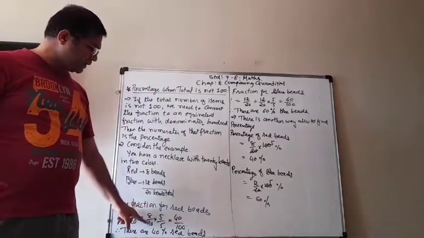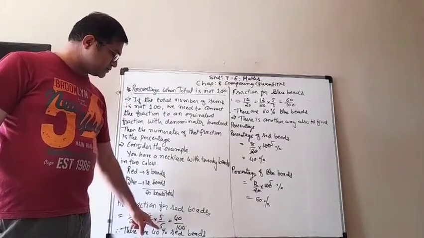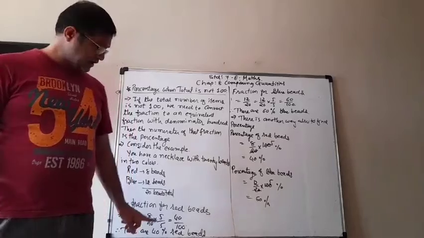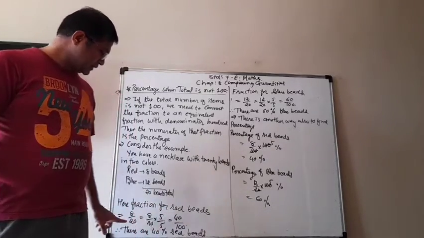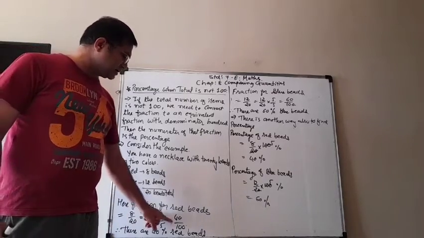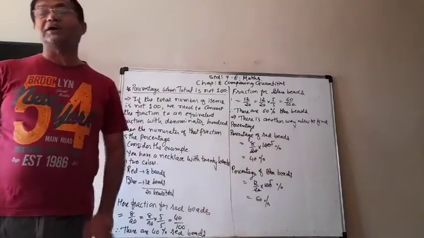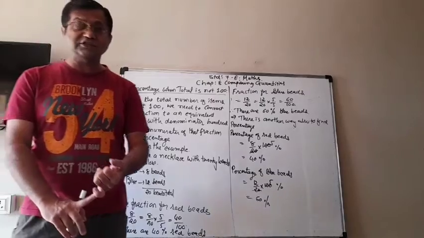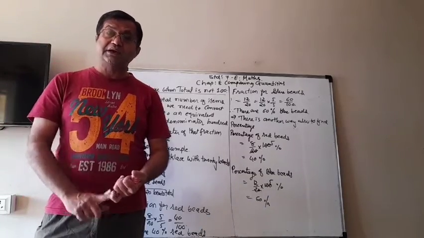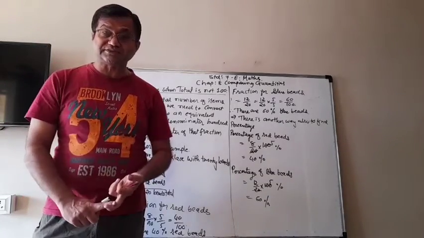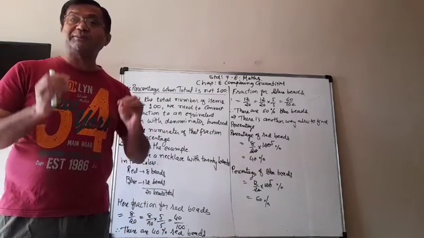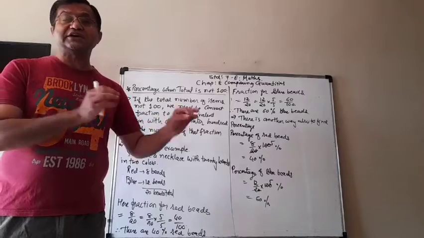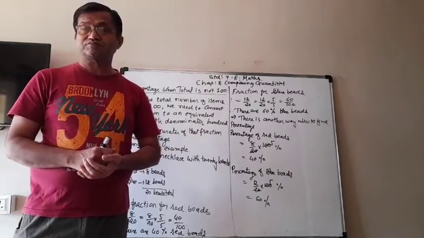So 8 upon 20 multiplied by 5 upon 5 is 40 upon 100. 8 fives are 40, 20 fives are 100. So 8 upon 20 is converted to 40 upon 100. Now 100 is in the denominator. It means the percentage of red beads is 40%. There are 40% red beads in the given necklace.